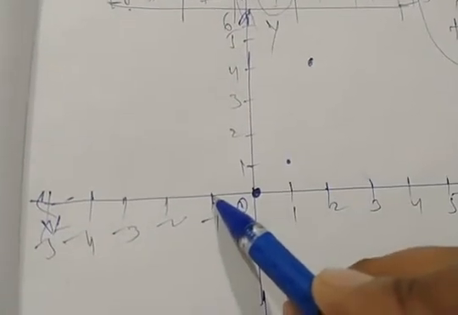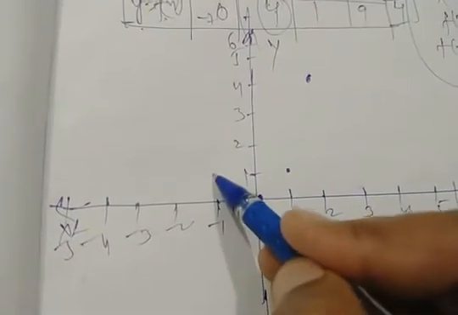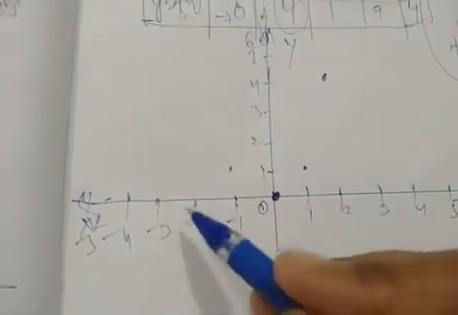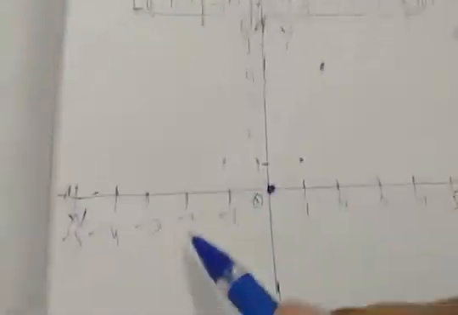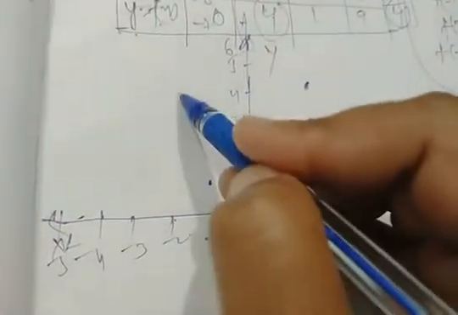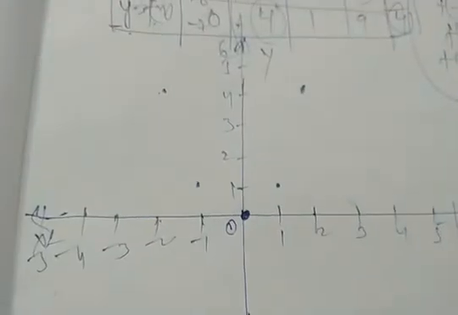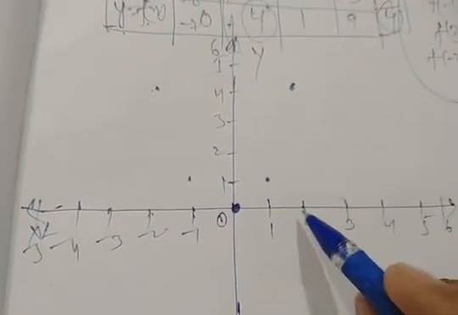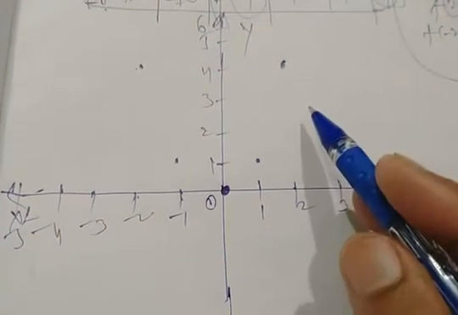If we put x is equal to -1, then we get plus 1 here. If we put x is equal to -2, then as a result we get plus 4 at that point. If we put x is equal to plus 2, then we get 4.